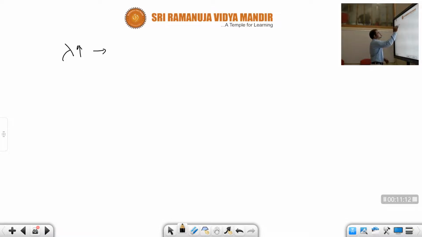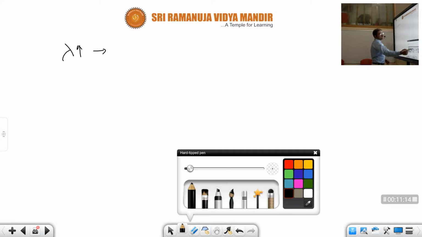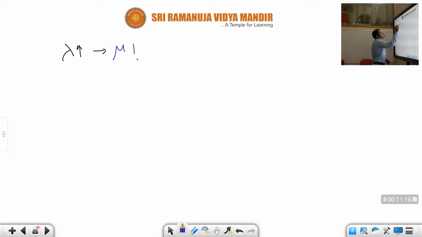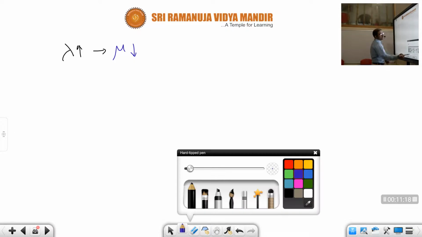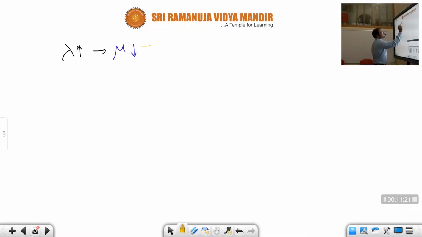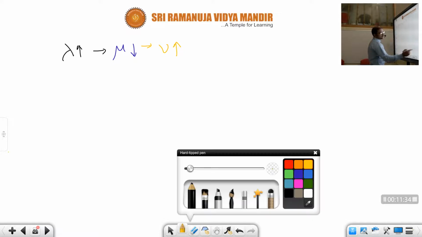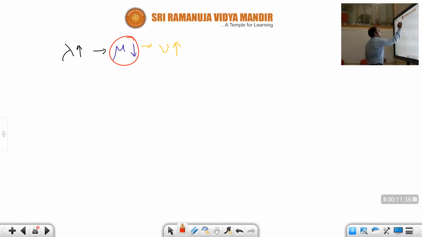So that's the reason we say mu is less. Mu will be less when speed is also more. If the light has more wavelength, it will have less refractive index, as well as if the light has more speed, it will have less refractive index.